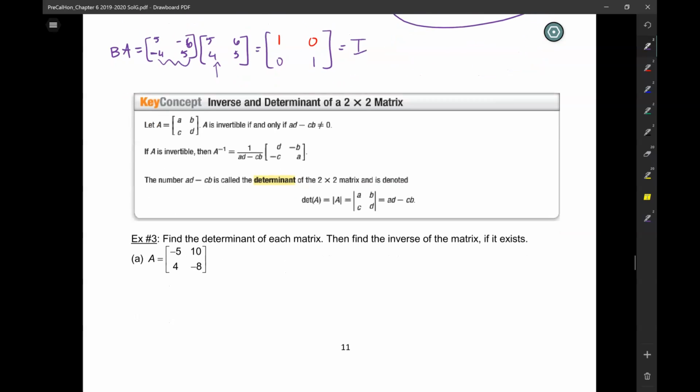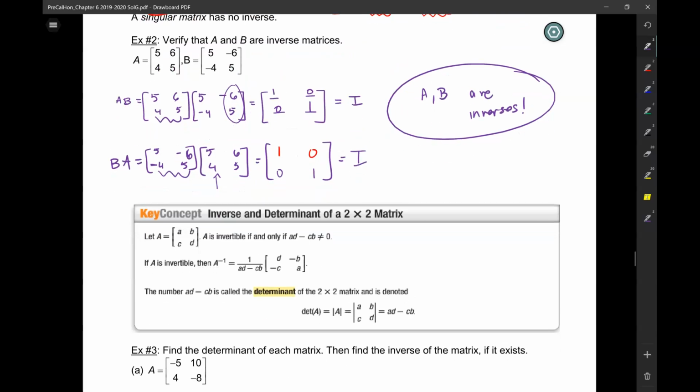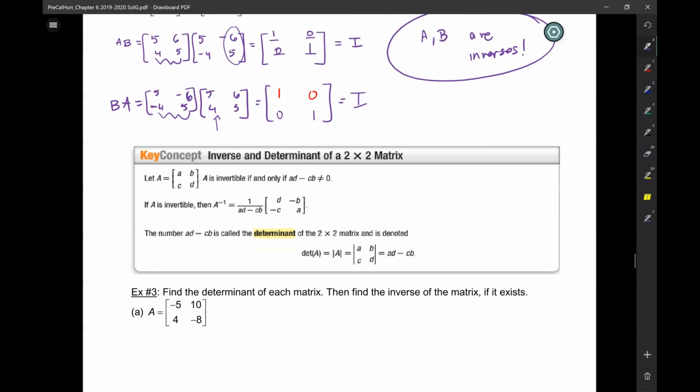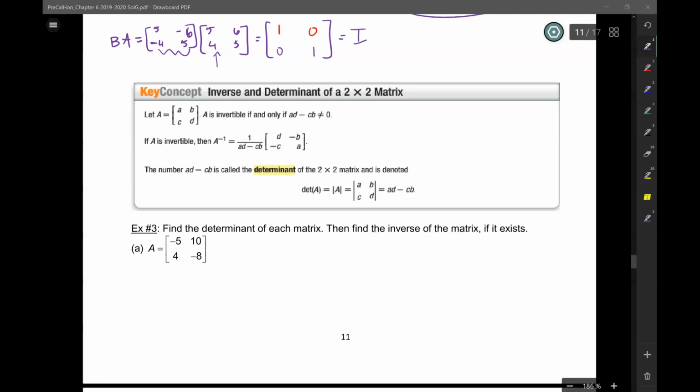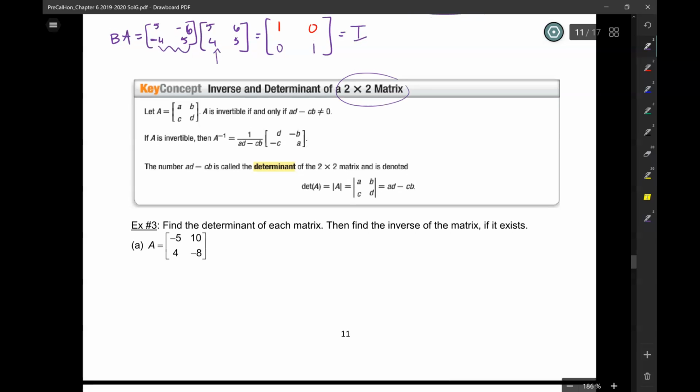Okay, so determinant and inverse. So now we know what it looks like if two things are inverses. But how do we find an inverse matrix, right? We're going to do a 2 by 2.